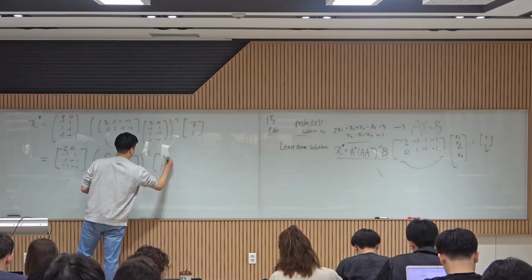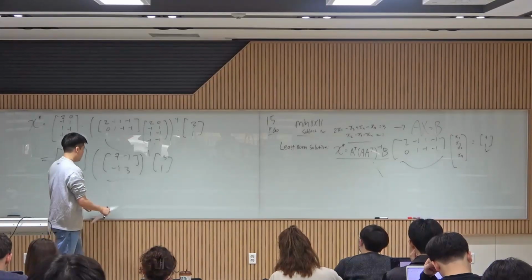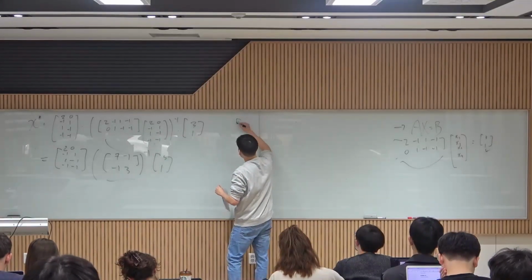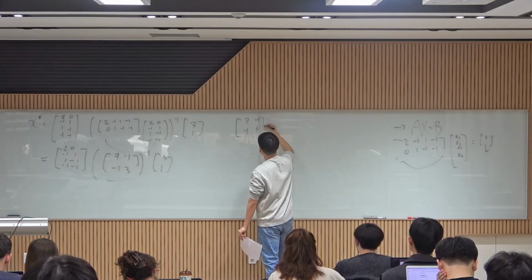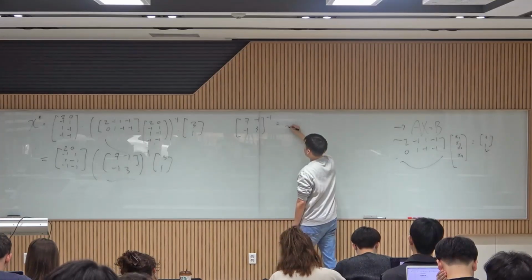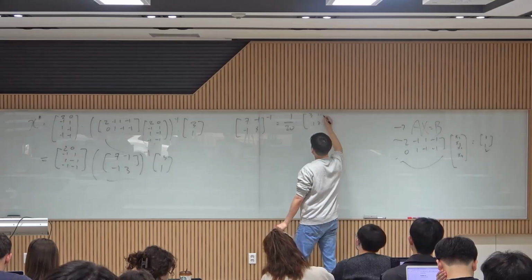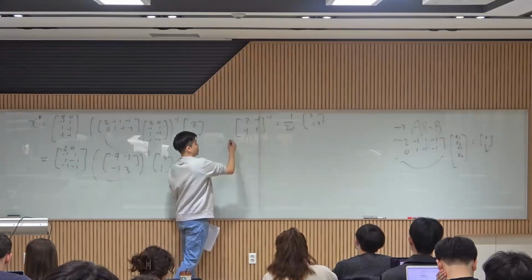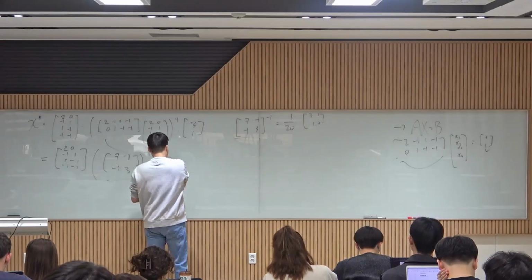And 3, 1. Since this is just a simple 2 by 2 matrix, you can simply get the inverse of this matrix, right? So the inverse of this matrix is... okay. I'm sure that you all know how to compute the inverse of a 2 by 2 matrix, so I'm not going to go over that.